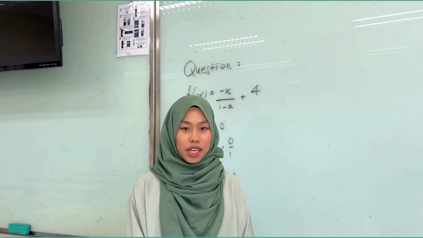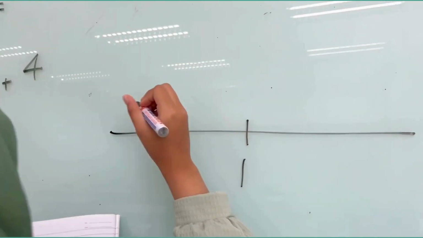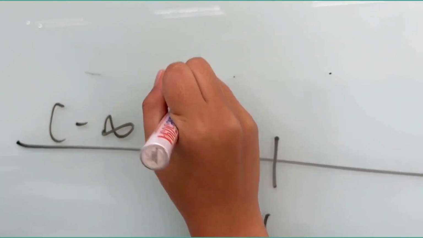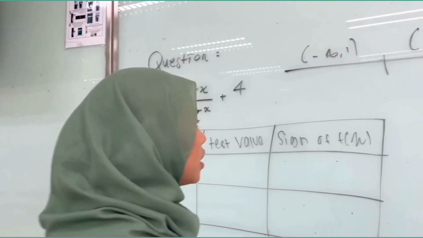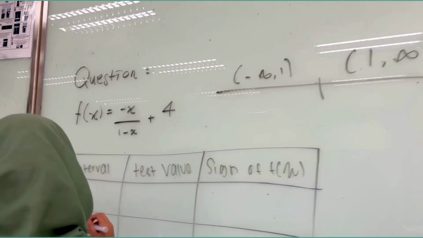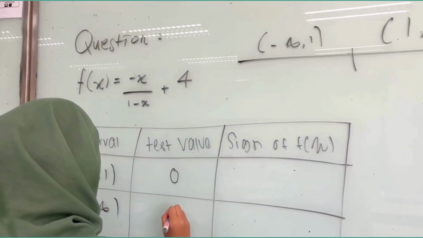Okay, so for the interval line, it will be negative infinity, 1, infinity. So for the interval table, we pick the intervals negative infinity to 1, and 1 to infinity. So for the test values, it will be 0 and 2.